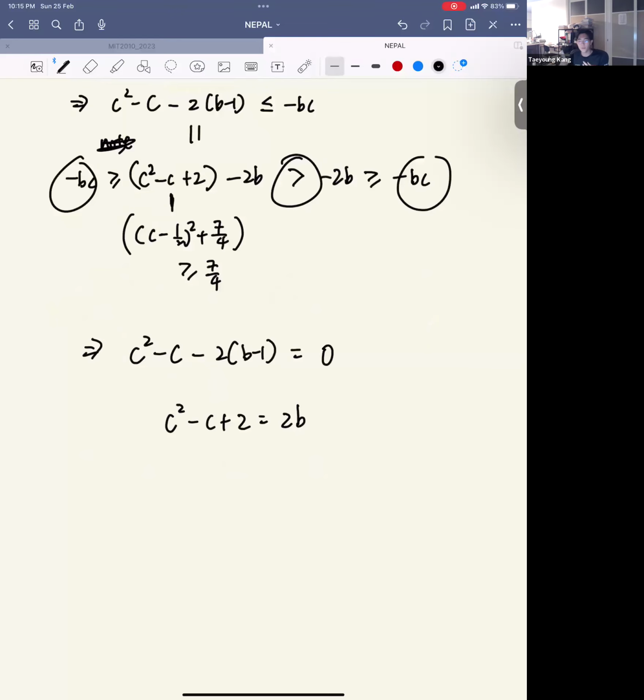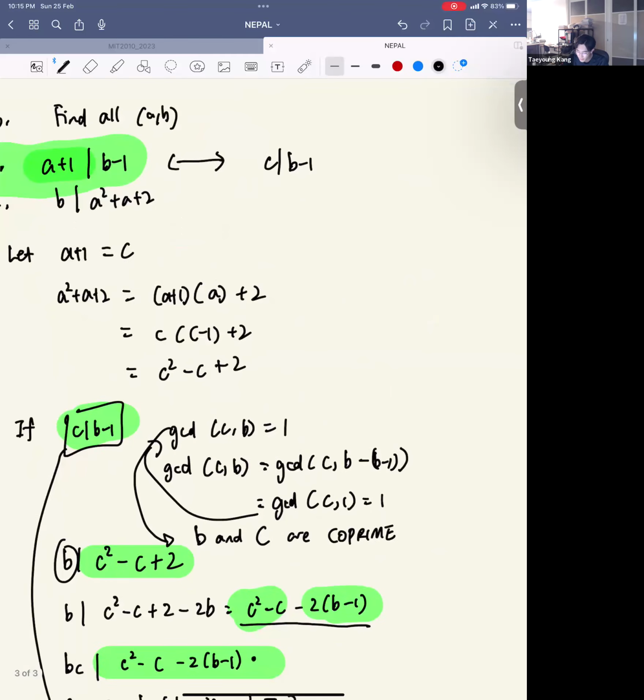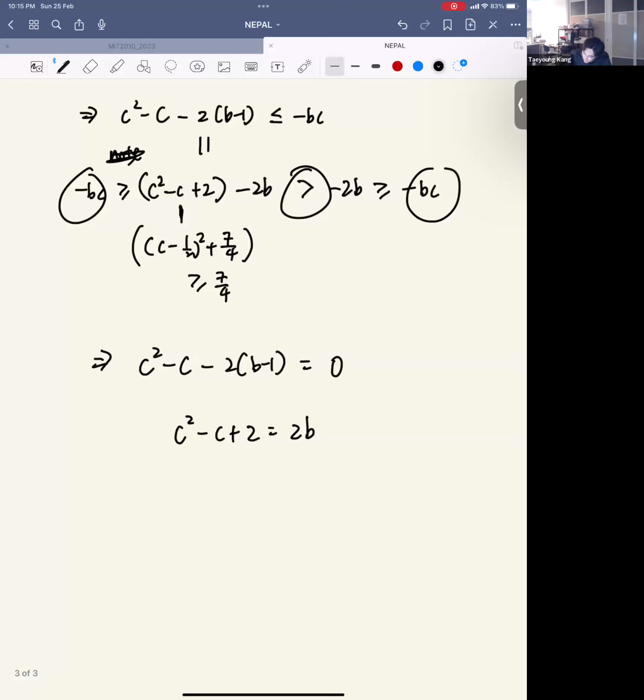Okay, so what do we substitute C to be initially? We let a plus 1 equal C, right? So a plus 1 squared minus a plus 1 plus 2 is equal to 2b. And this is a squared plus 2a plus 1 minus a minus 1 plus 2 is equal to 2b. So you have a squared plus a plus 2 is equal to 2b.